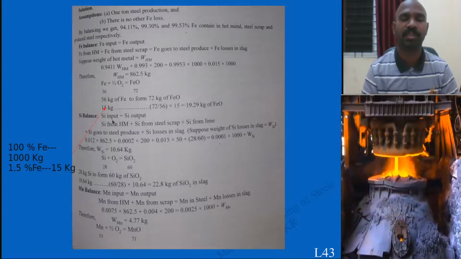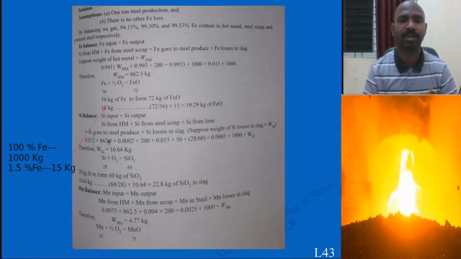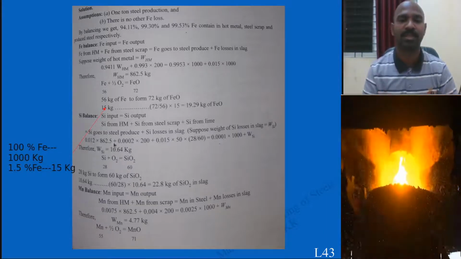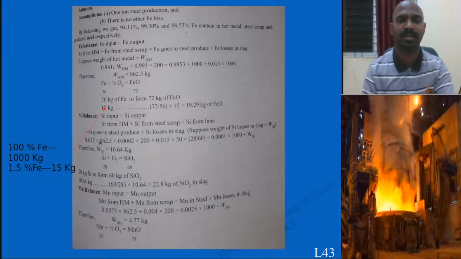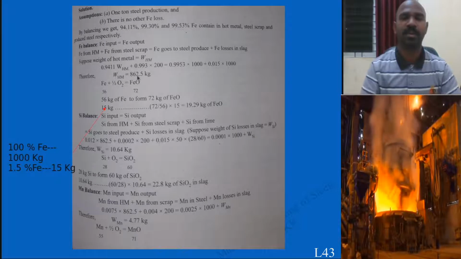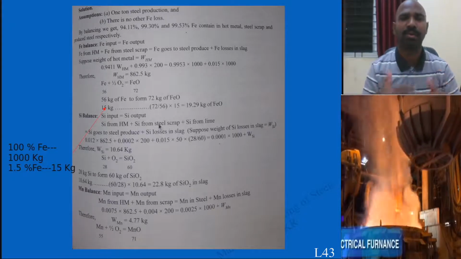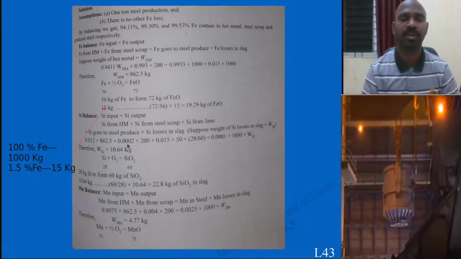The values are, for example, silicon in hot metal. So when you convert into the fraction, it becomes this much, and total weight of the steel produced is with respect to the weight of the hot metal. Since it is hot metal related, that is calculated 862, multiply 862. And similarly, silicon in steel scrap 200, and steel scrap silicon is also given.